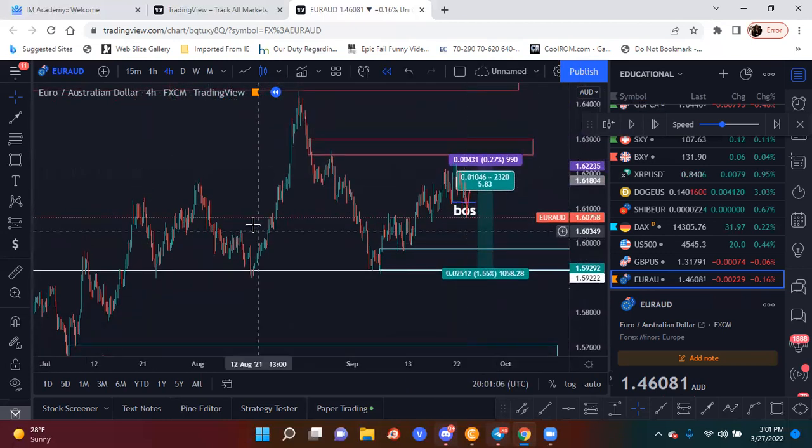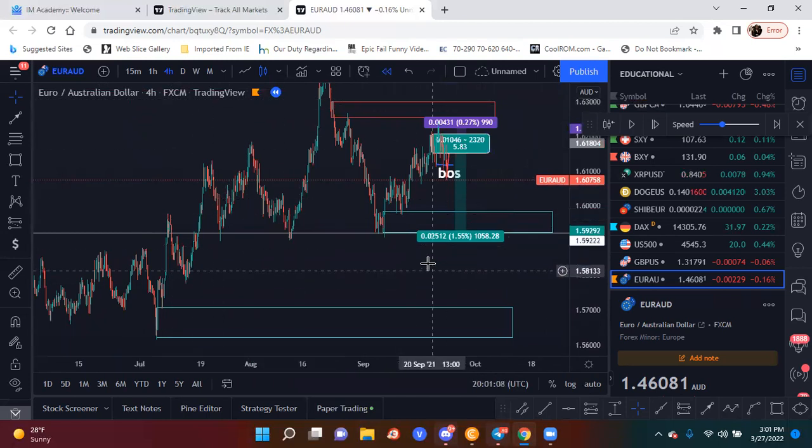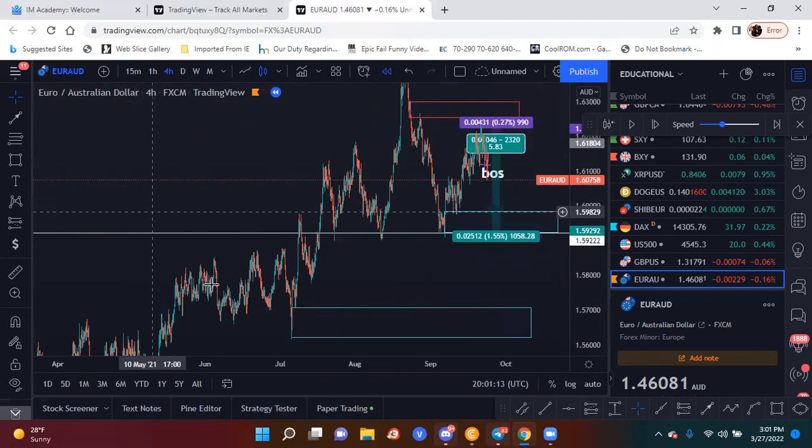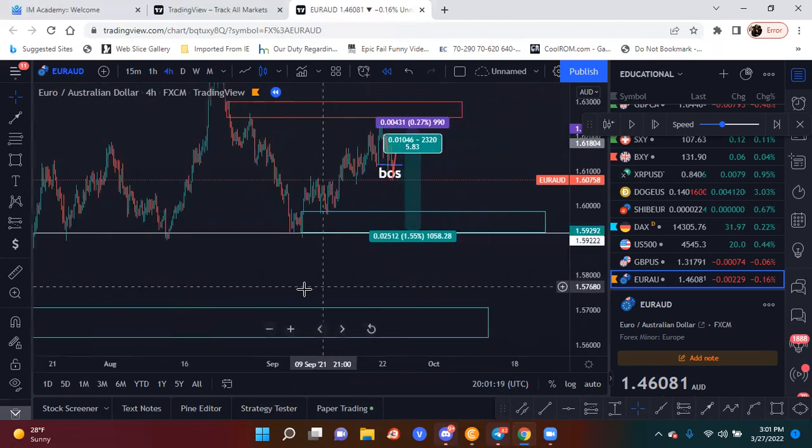But like I said, usually when you trade institutional with supply and demand zones, it's probably going to come back to that demand, because there looks like imbalance. There's a lot of imbalance right here, so it's probably got to come and fill all of this in.